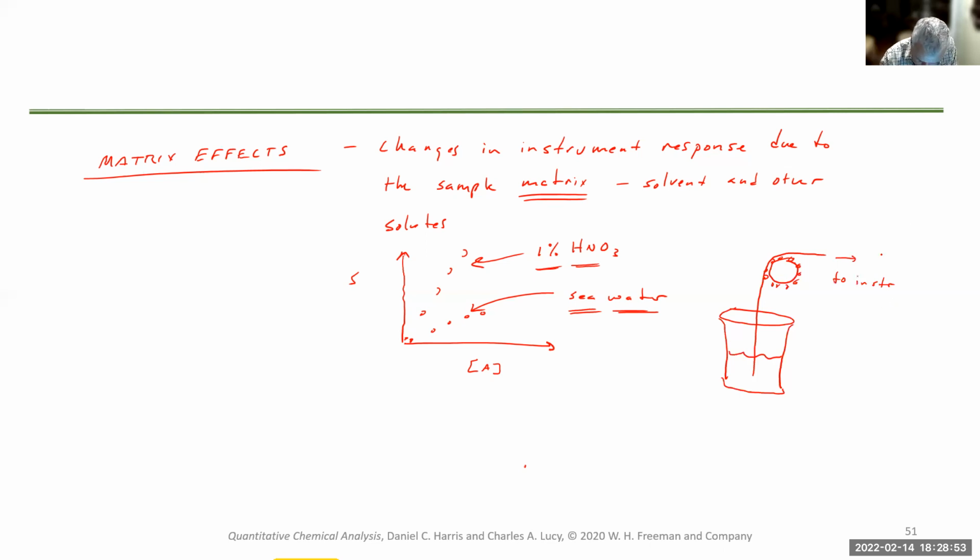And the instrument then makes an aerosol. It makes a lot of fine droplets. And then these droplets are passed onto a plasma.